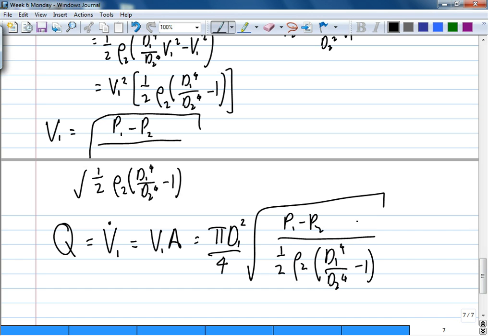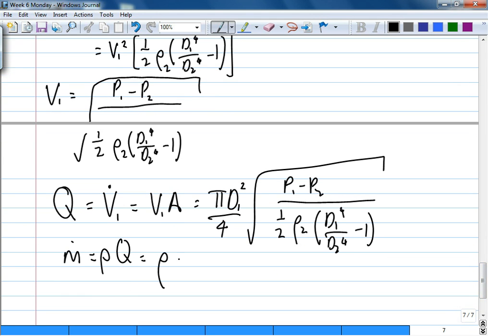Is that okay? Again, Q is the volumetric flow rate. And if you want m dot, you just multiply that with rho. M dot is equal to rho Q, which is rho multiplied by pi D1 squared over 4 times the square root. Okay? Is that alright?